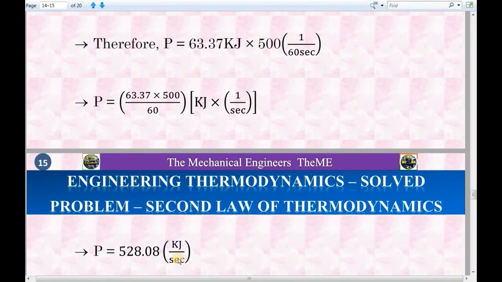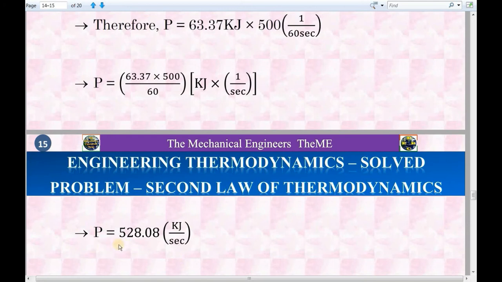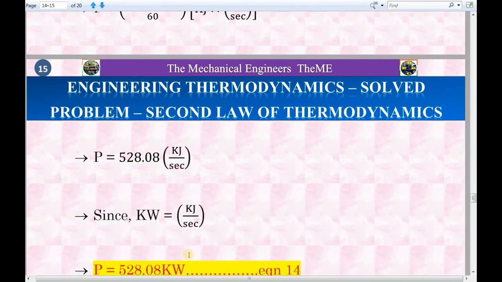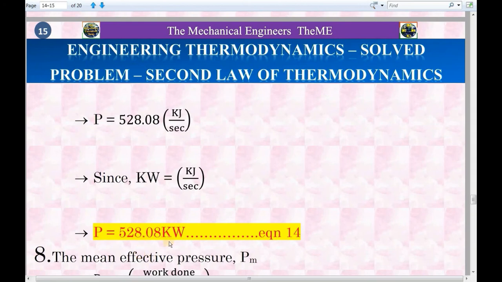So the next step will be P is equal to 528.08 kilojoule per second. So in this RHS, kilojoule per second is kilowatt. So the next step will be P is equal to 528.08 kilowatt, which means the power of the Carnot engine is 528.08 kilowatt, and consider this one as equation 14.